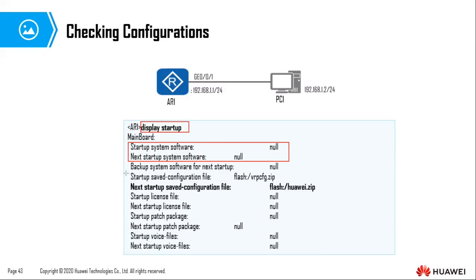You can also see the configuration file that is being run right now. We can see that it is vrp.cfg. This is the one that is running the device right now. But on the next startup, it is going to run the file that we just created and configured to run in the next startup using that command.